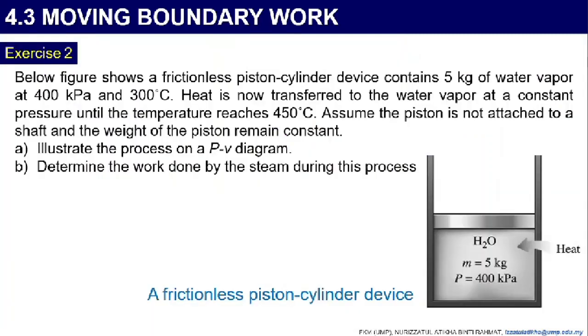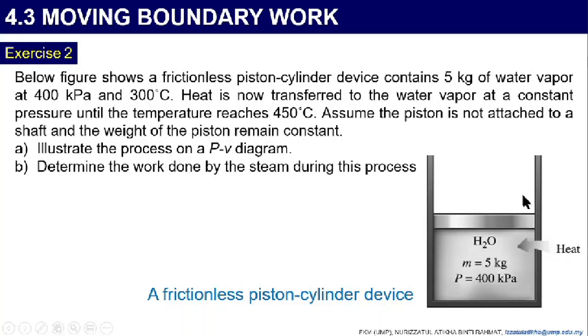So I actually put some exercise for you to do by yourself. For example, this exercise 2. Below figure shows a frictionless piston cylinder device containing 5 kg of water vapor at 400 kilopascal and 300 degrees. Heat is now transferred to the water vapor at a constant pressure until the temperature reaches 450 degrees. Assume the piston is not attached to a shaft and the weight of the piston remains constant.